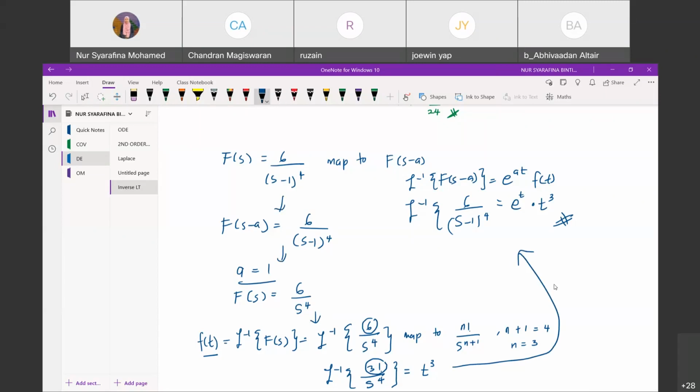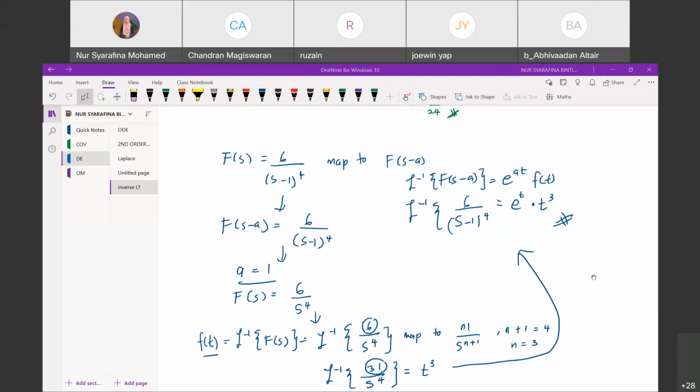Okay, understand? All right. Hope everyone can understand this. Any question? No question? So what you can do for this inverse transform is to understand the function given, and then you can match with the table of transformation or you can match with the properties.